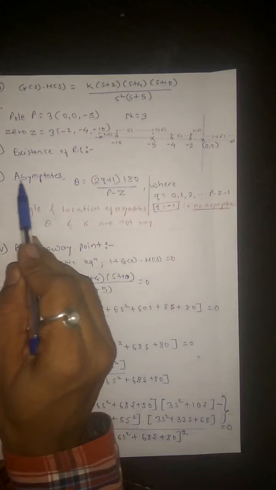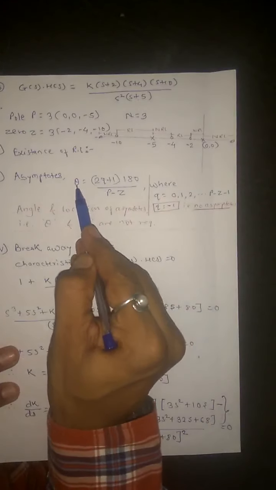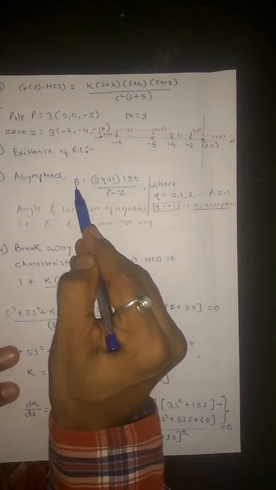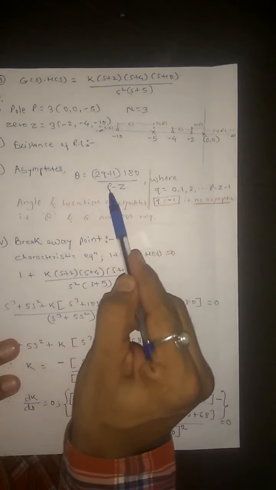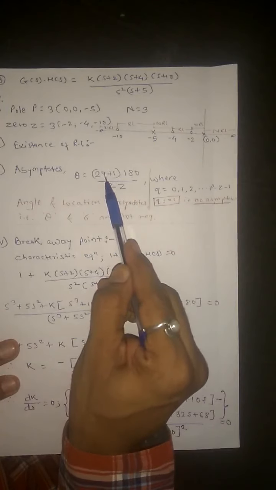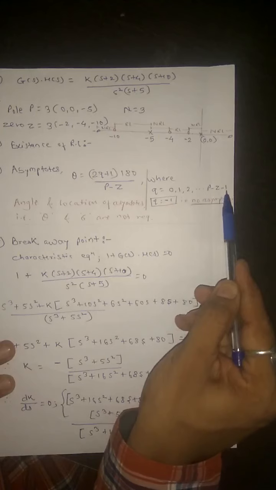Now talking about the asymptotes, firstly we will calculate theta and then sigma. For theta, the formula is (2q+1)×180 / (P−Z), where the value of q is 0, 1, 2 up to P−Z−1.